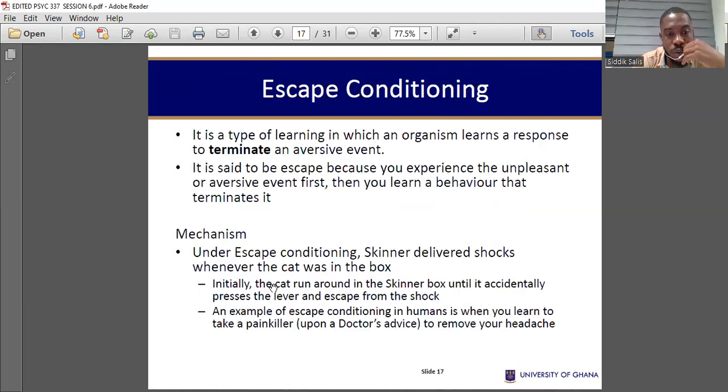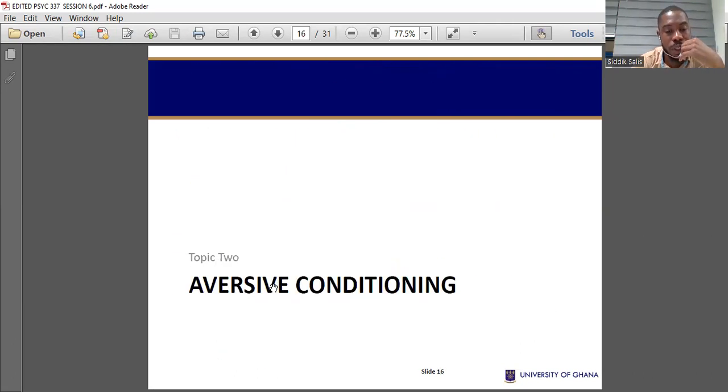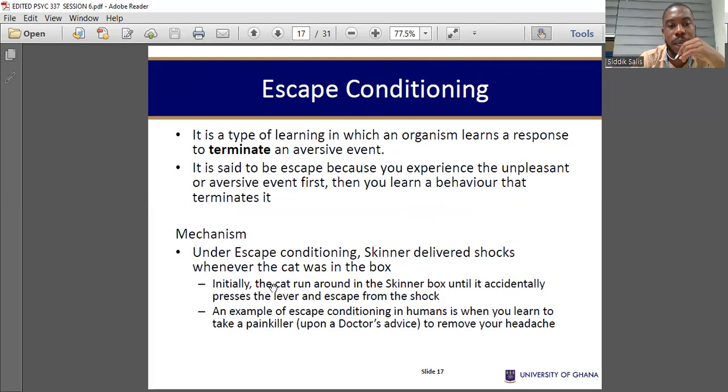So let me rush quickly to aversive conditioning. When you say aversive, that is something unpleasant. Aversive conditioning. And if something is not pleasant, how do we deal with those things? So let's start with escape conditioning.